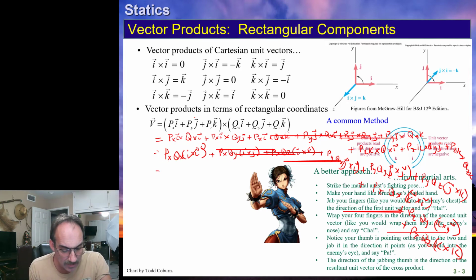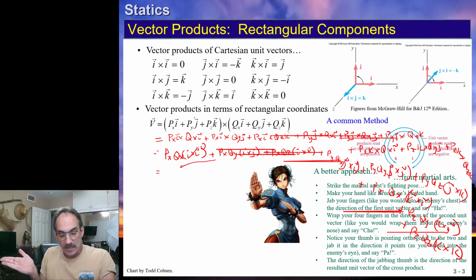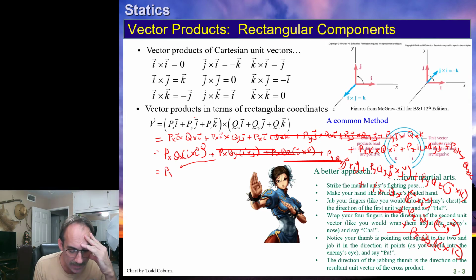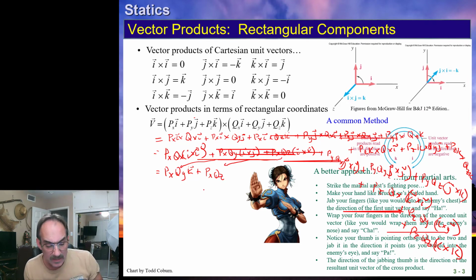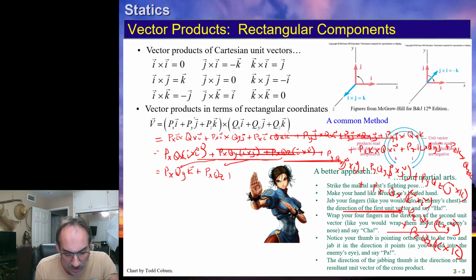The second term: I cross J. So we take our bladed fist, I cross J, that's positive K. So our first term is Px Qy, and that's just going to be K. Our next term is Px Qz, I cross K. I cross K is negative J. So let's put a J here, and let's make this a negative.